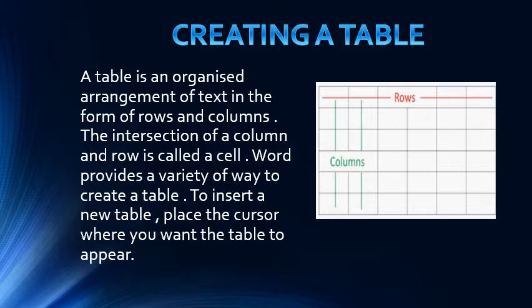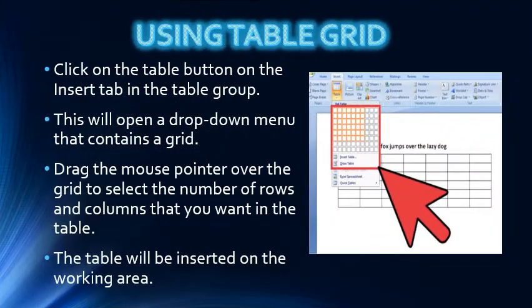As you can see, the horizontal lines are rows and the vertical lines are columns, and the intersection of these rows and columns is known as a cell. Now this is the first method to insert or create a table inside our Word document, using the table grid.